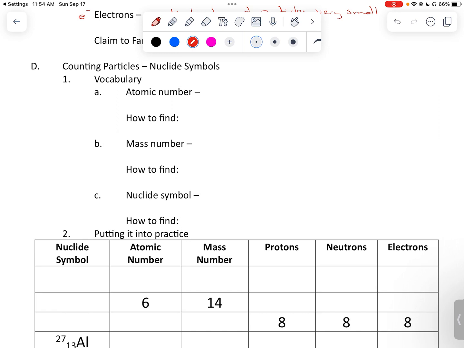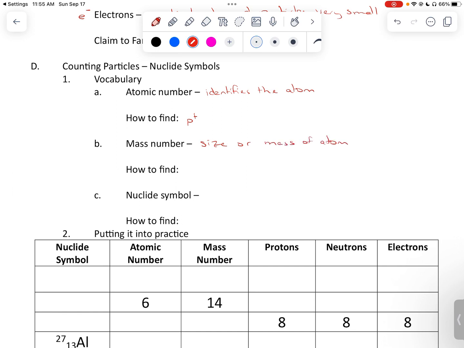An atomic number identifies the atom, and if you refer back up top, we said that the protons are how we identify the atom. So atomic number and number of protons are exactly the same thing. Our mass number tells us the size or mass of an atom.